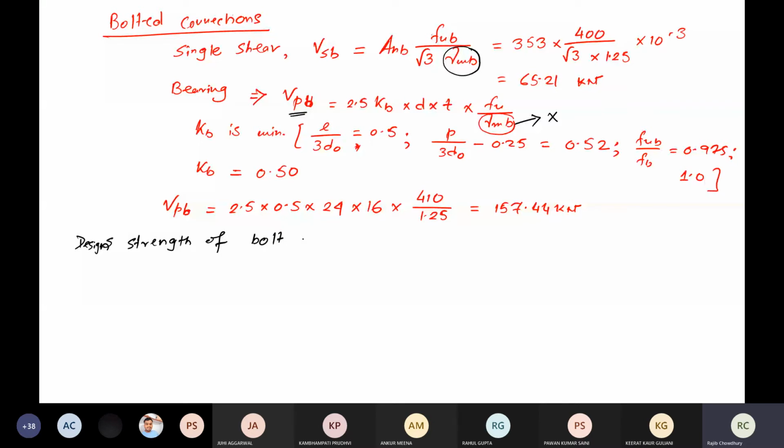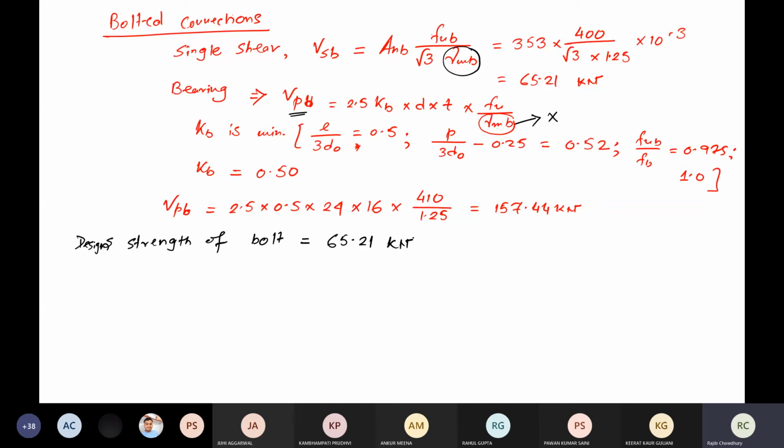Now, those who were in the previous class, I mentioned something about 50% being complete bearing and 50% partial bearing. If I assume that the column end and the gusset plate have complete bearing, 50% of the load would be assumed to pass directly and 50% of the load will pass through the connection or the fasteners.